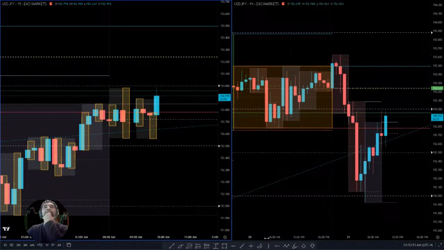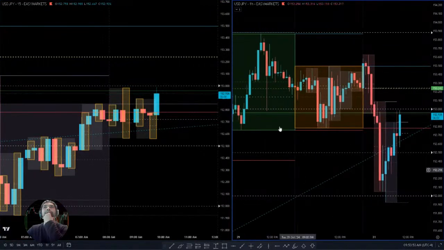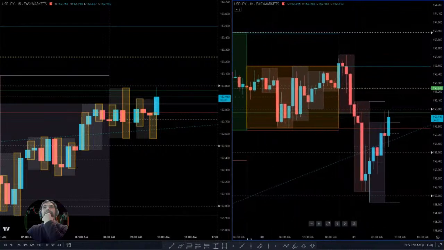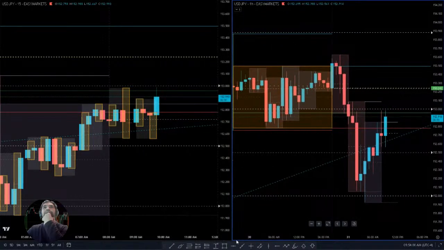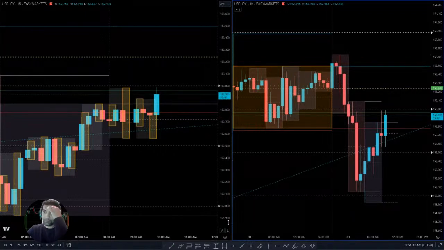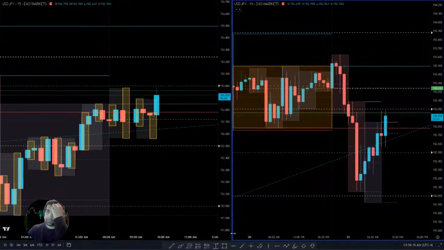So price is at a really important level right now. See the price around this wick. Why is this wick important, guys? Because it was like the data that was... the entry was around this point, guys.